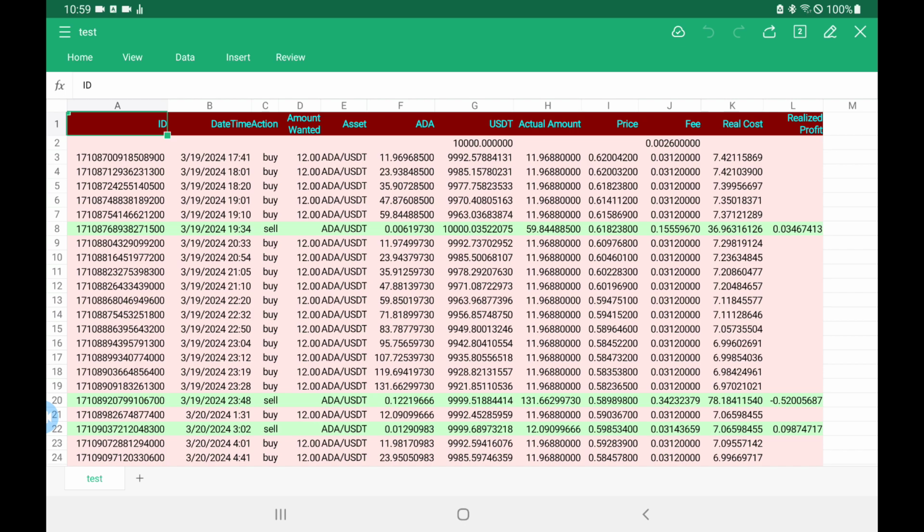Now, first, let's discuss some of the nuances that can't be easily replicated. And that is, of course, the order book, supply and demand. That does have an impact on your actual purchase values. Sometimes you'll get lucky and get exactly what you want.